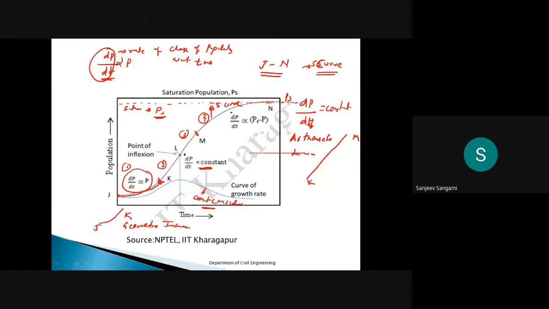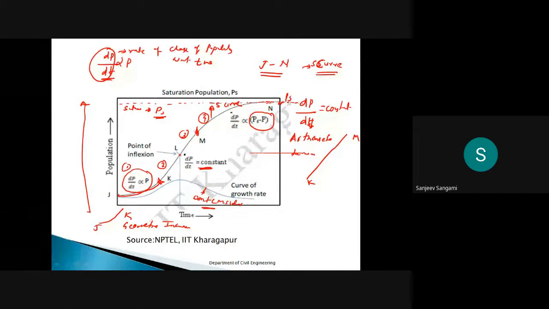Then for this curve, dp by dt, if I want to calculate it, I have to deduct the existing population P from the saturated population. So it is PS minus P. The saturated population is this much, up to here it will be saturated.